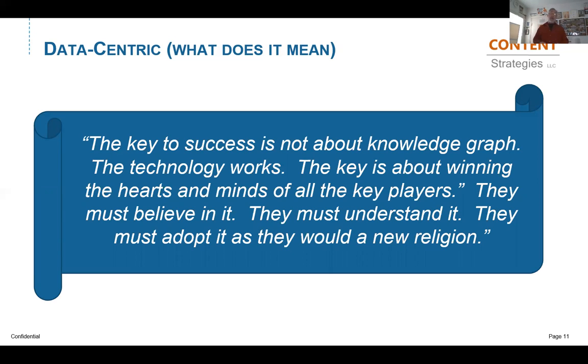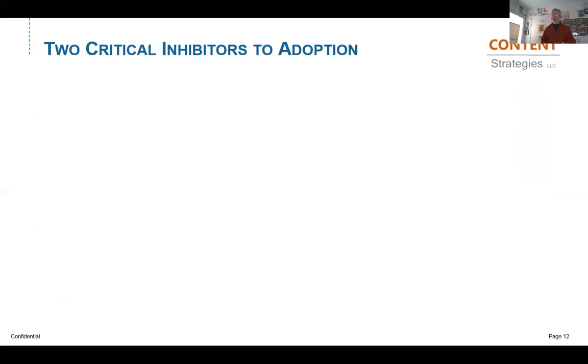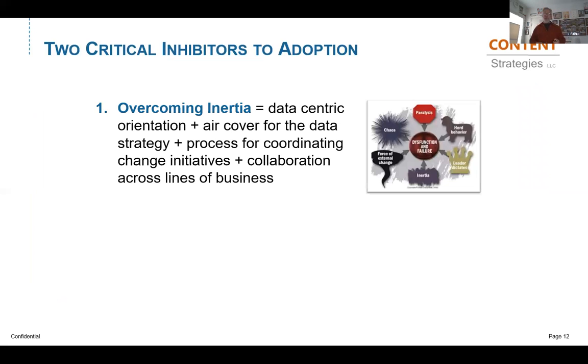In order to do that, we have to manage two critical inhibitors to adoption. And the first one is really difficult, right? It's what I'll call an organizational inertia.